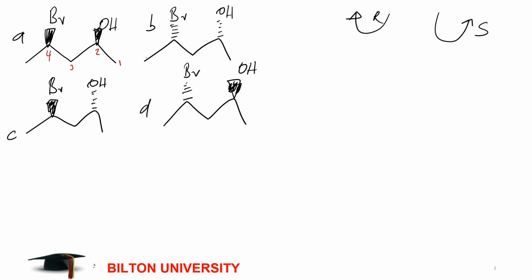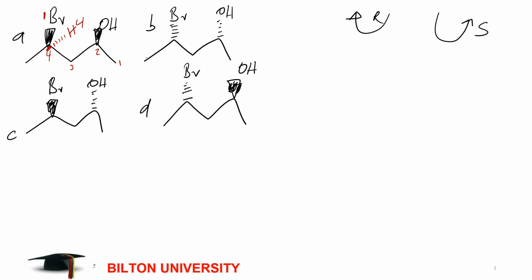Let's start with carbon number 4. In carbon number 4, our bromine is in front. So it means that our hydrogen is going to be at the back. So hydrogen is given priority number 4. Bromine, the atom directly attached to this chiral carbon, carbon number 4, is given the first priority, so this is our number 1.